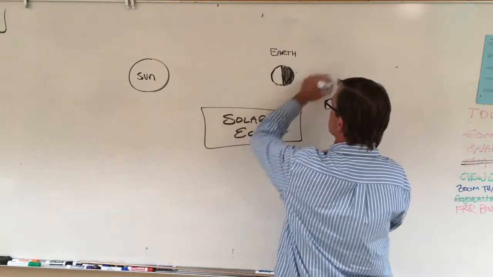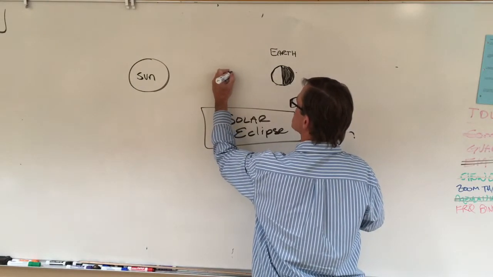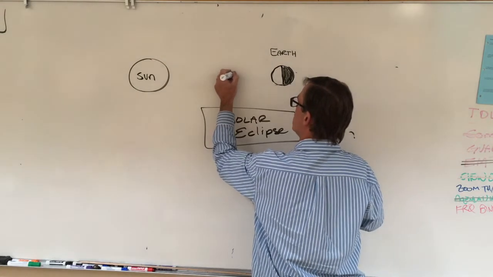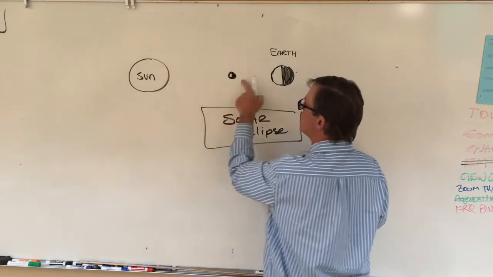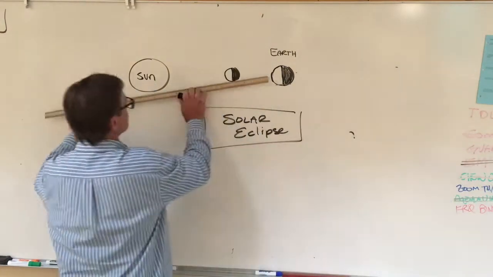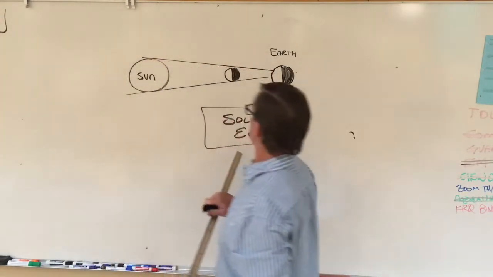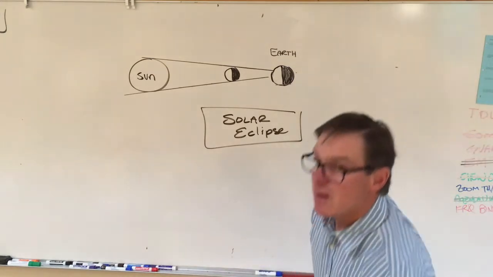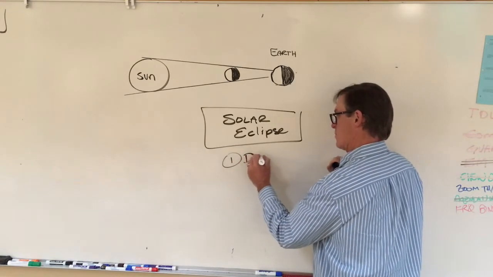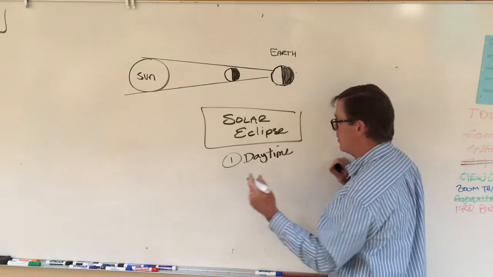So the moon's orbiting the Earth while the Earth is orbiting the sun. And when conditions are just right, and this happens on a new moon when the dark side of the moon is facing the daytime side of the Earth, it's a daytime event, as I said, and it happens during a new moon.